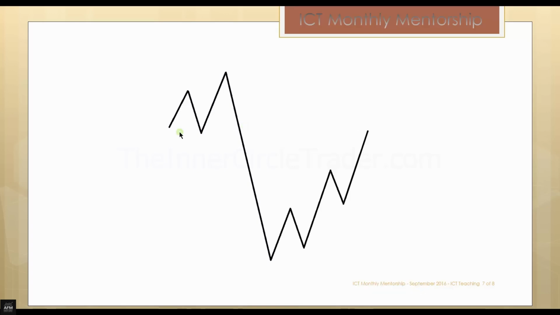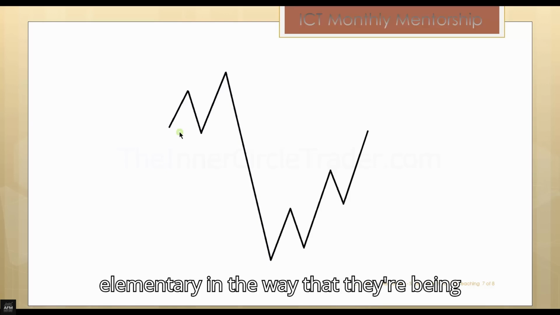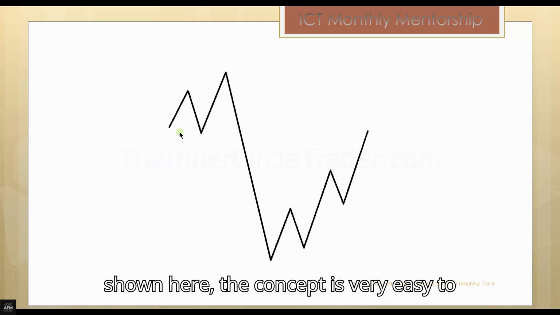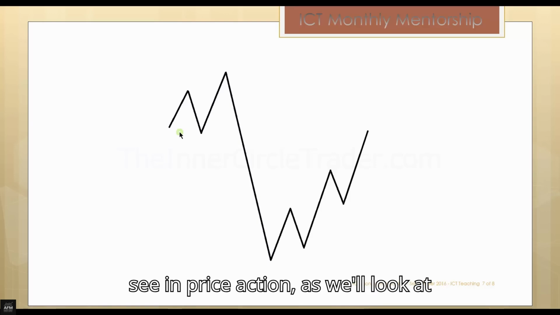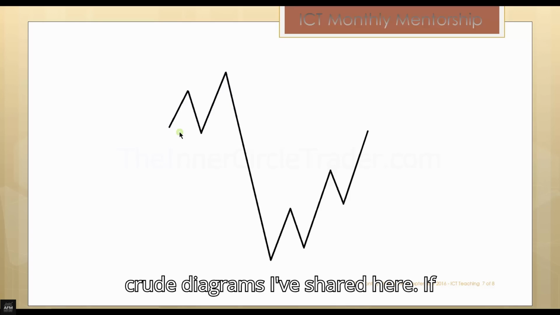Now these crude depictions, while they are rather elementary in the way that they're being shown here, the concept is very easy to see in price action, as we'll look at when we get done looking at the actual crude diagrams I've shared here.